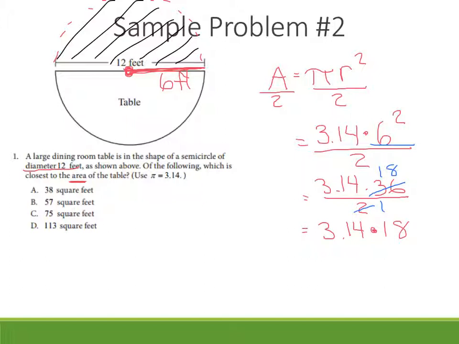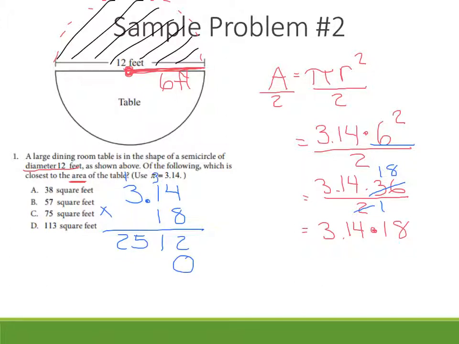I'm going to do that out to the side here. When we multiply with decimals, we line everything up on the right. Decimal placement is going to be last. We start by multiplying everything by the 8. Put in our 0 placeholder.